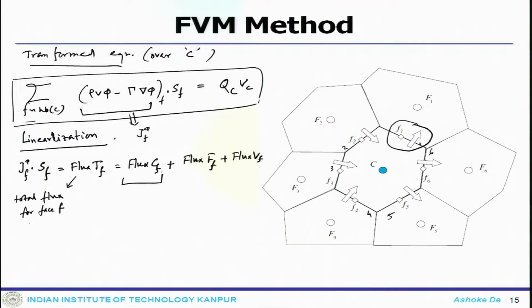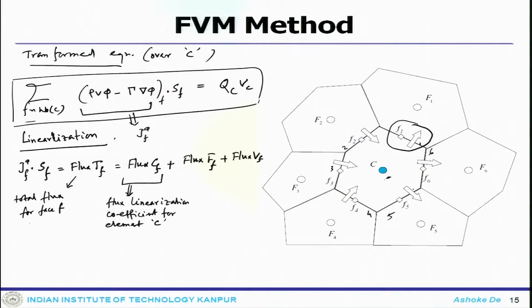What is this? This term actually represents the flux linearization coefficient for element C. That means this is the element which I am interested in and trying to get the equation integrated over.